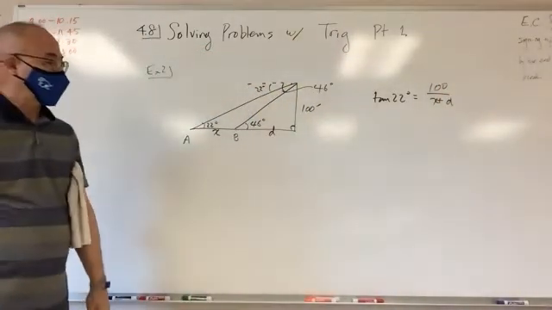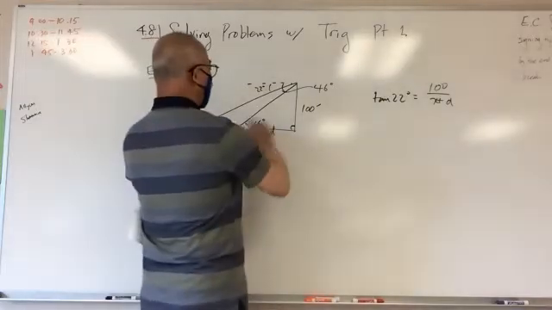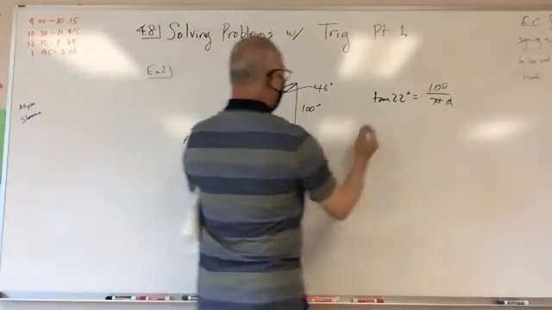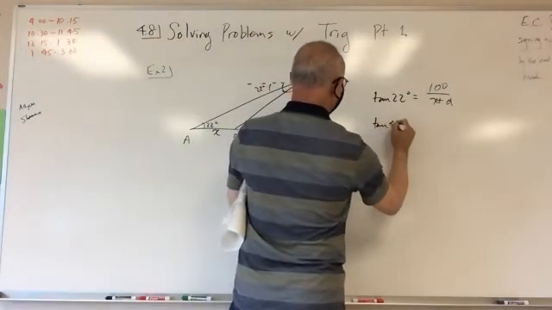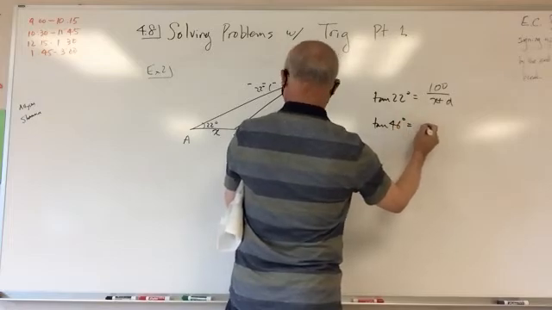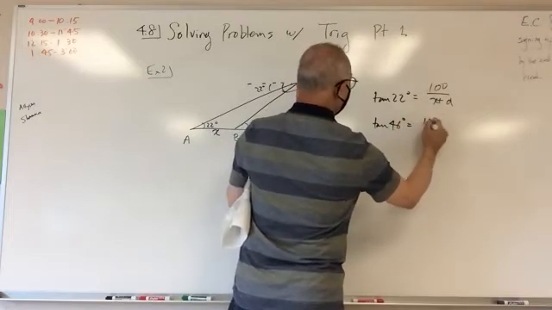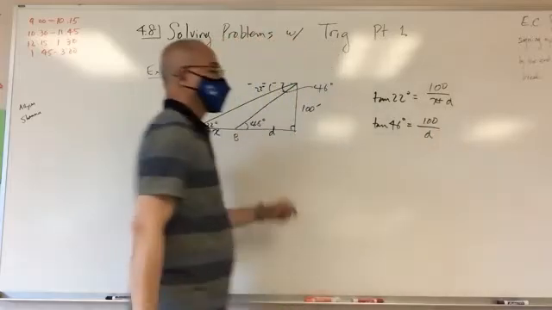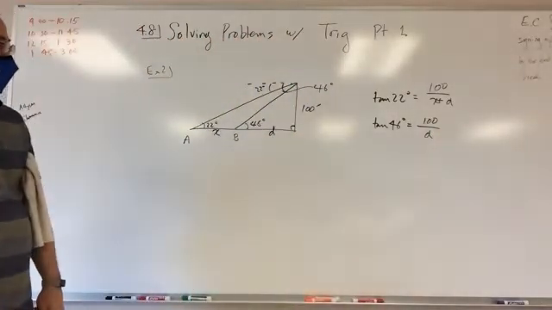And from this triangle, tangent of 46 degrees is equal to 100 over d. So you solve for d first.